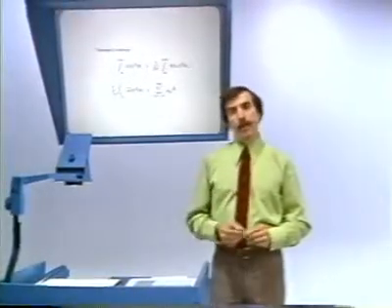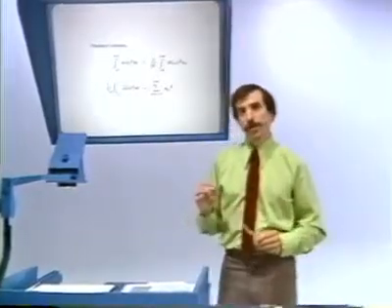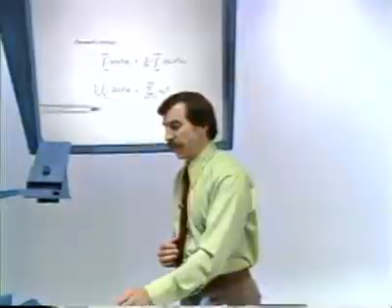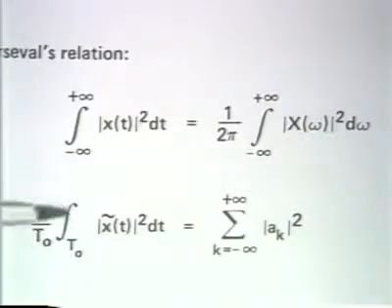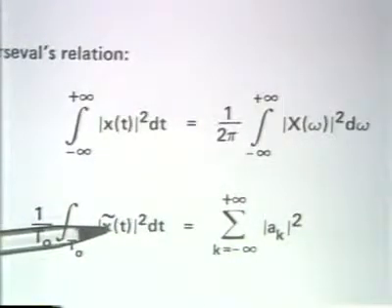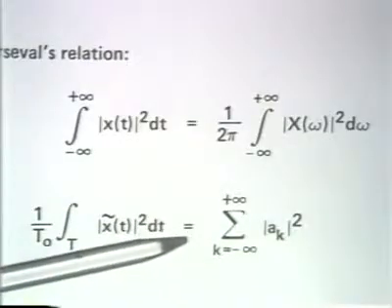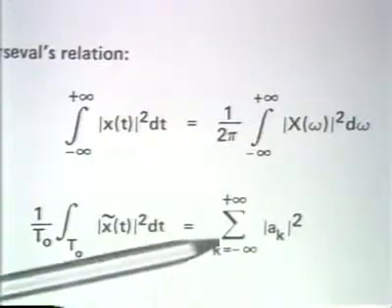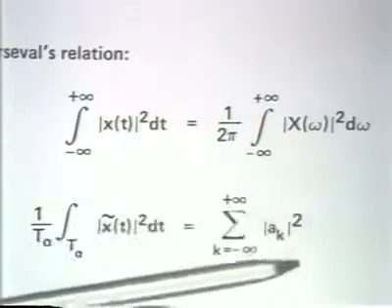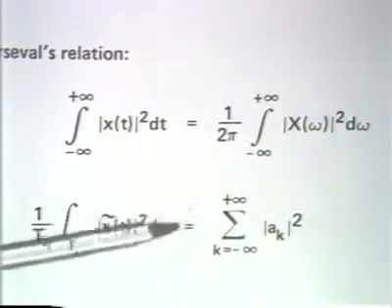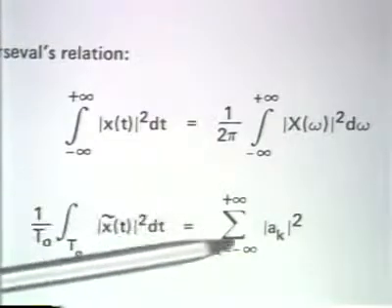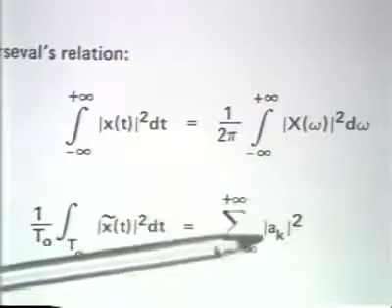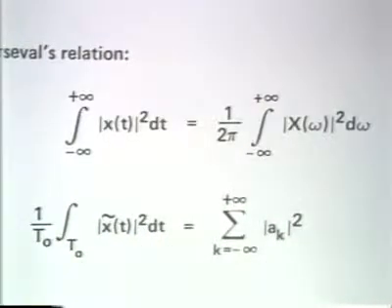However, it can be modified so that Parseval's relationship for the periodic case says essentially that the energy in one period of the periodic time function is proportional, with this as the proportionality factor, proportional to the sum of the magnitude squared of the coefficients. In other words, the energy in one period is proportional to the energy in the sequence that represents the Fourier series coefficients.